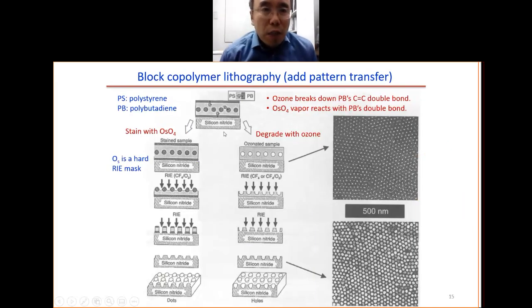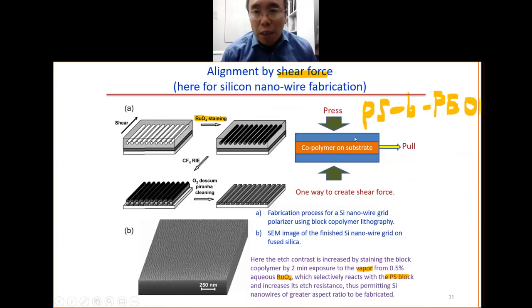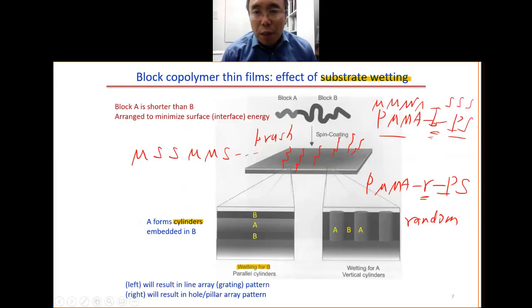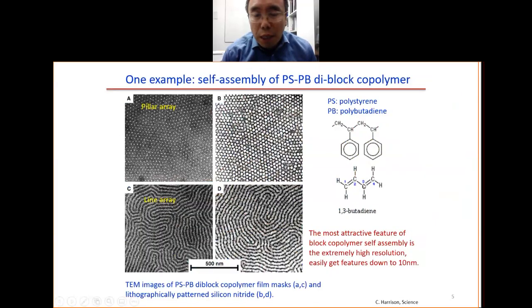This is the block copolymer lithography. The first example is for polystyrene-block-polybutadiene. In this case, there are two ways for the pattern transfer. We can use ozone. The ozone will break down the polybutadiene's carbon-carbon double bond. This is polybutadiene.